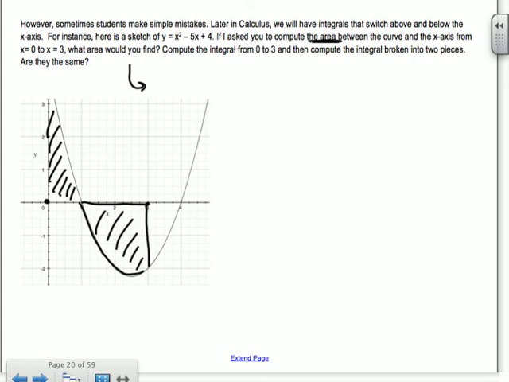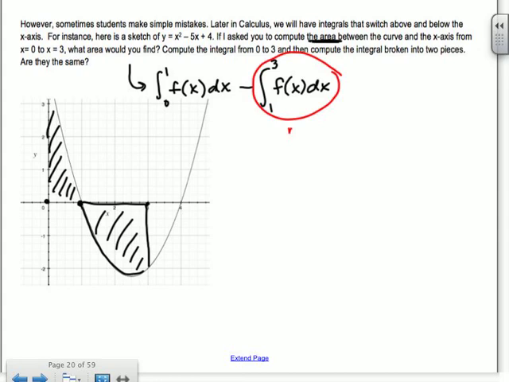So you would find 0 to 1 of f of x dx. And then you'd subtract out the other one, because the other one's going to be a negative number. So it would be from 1 to 3 of f of x dx. So all of this was a negative. All of this was a positive.